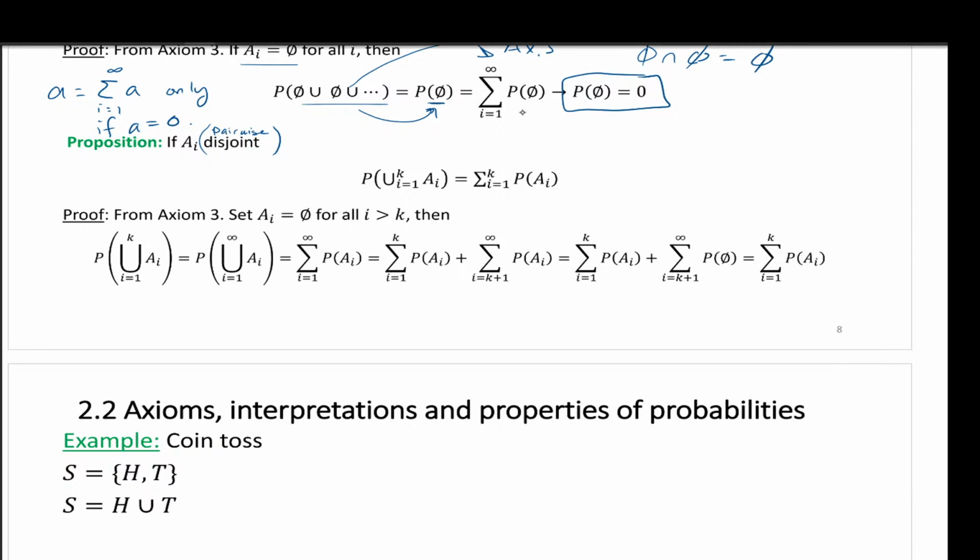So if AI is a set of pairwise disjoint sets, then the probability of the finite union is the finite sum of the individual probabilities. All you've got to do is set the rest from k all the way up to infinity equal to the empty set. And then you can turn it into an infinite union, use axiom 3.